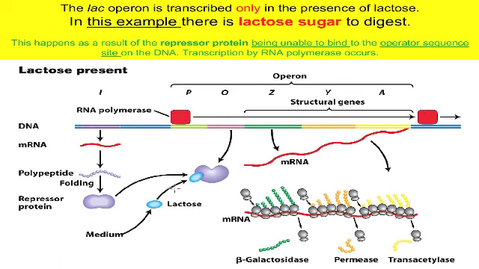So the lactose is the ligand for the repressor proteins. This binding of the lactose to the repressor protein results in an allosteric change in the shape of the repressor. That change is so powerful that it now no longer can bind to the operator. And if it was bound to the operator, it was now pulled off.